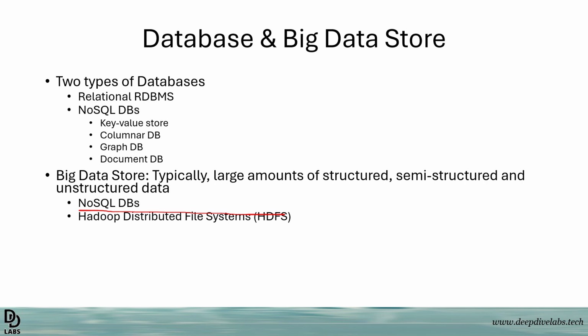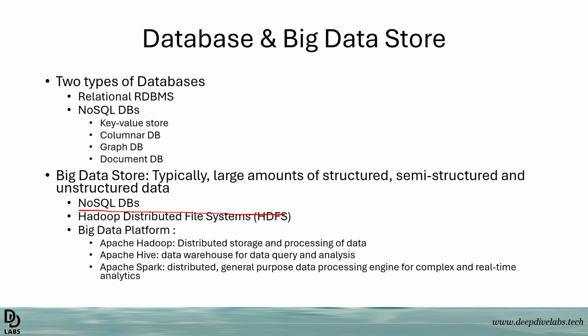So a typical big data platform using Hadoop essentially would have Apache Hadoop as the distributed storage, right? And then on top there will be Apache Hive, which is the data warehouse for your data query and analysis, and then Apache Spark, which is the general purpose data processing engine for complex and real-time analytics.